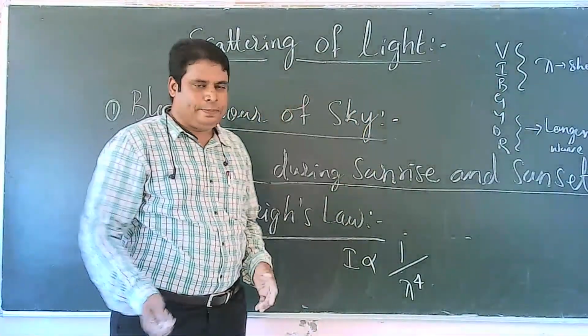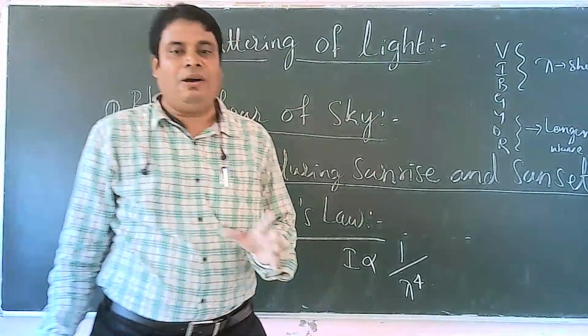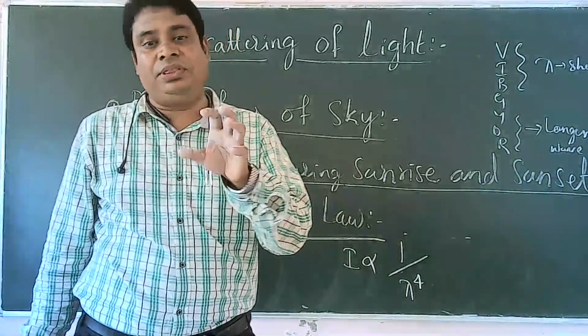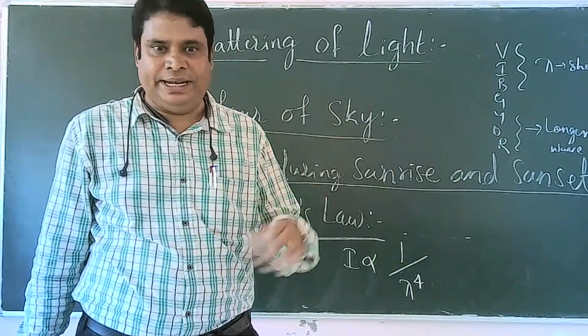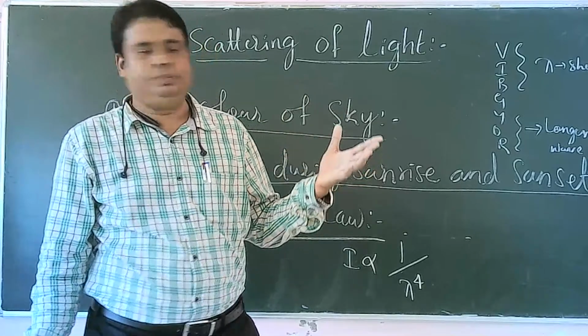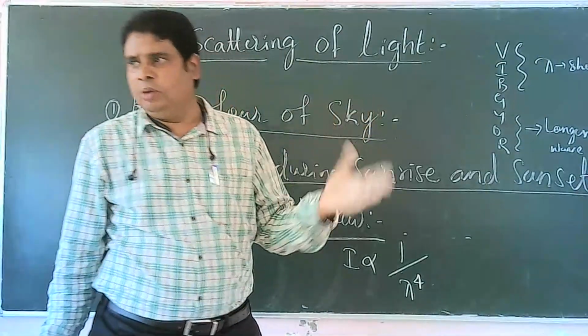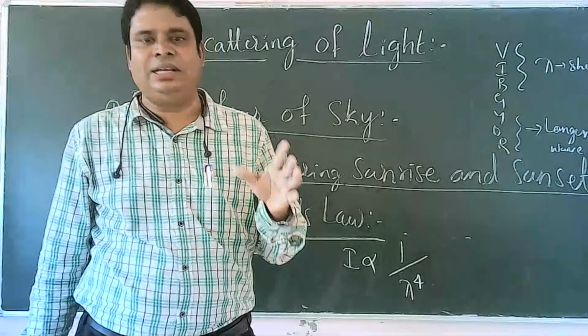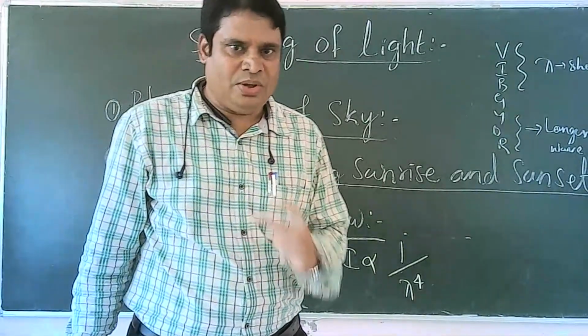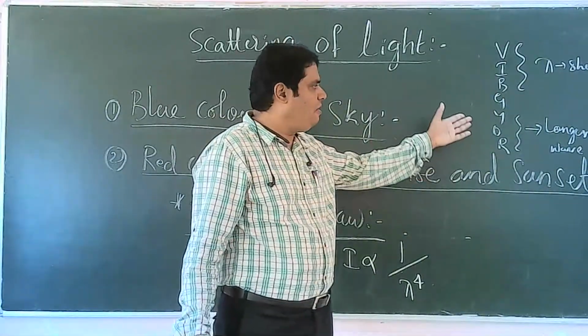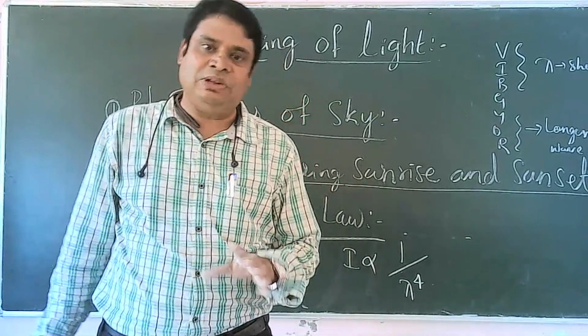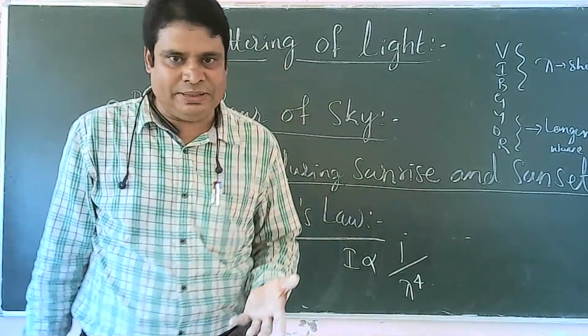Your violet, indigo, blue are colors with a shorter wavelength, whereas your red, orange, yellow are colors with a longer wavelength.